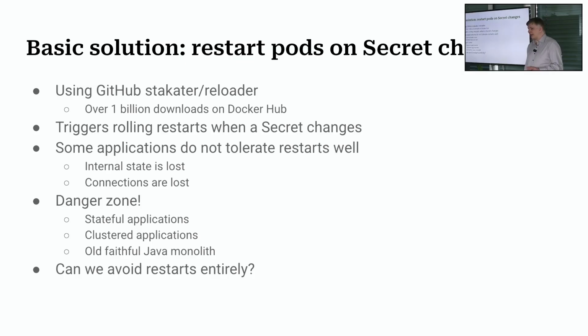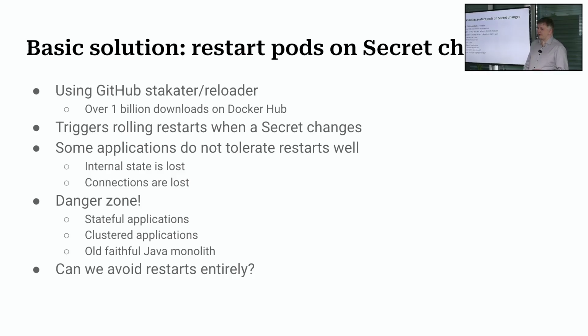But some applications don't like this too much, so they lose their internal state and they lose their connections. Maybe if you have a lot of replicas running and you don't have a stateful application, then this isn't such a problem.